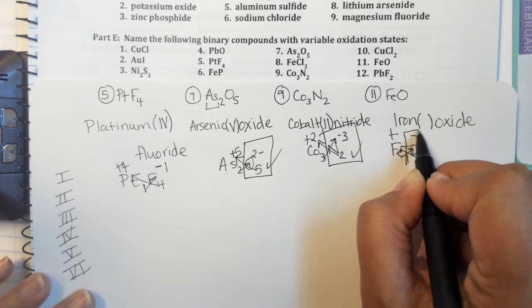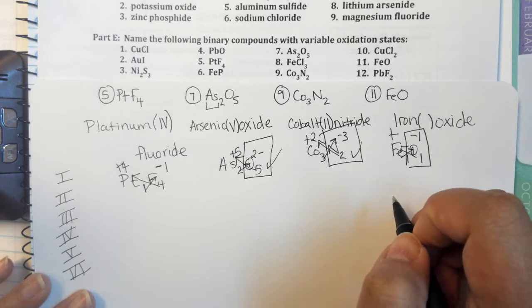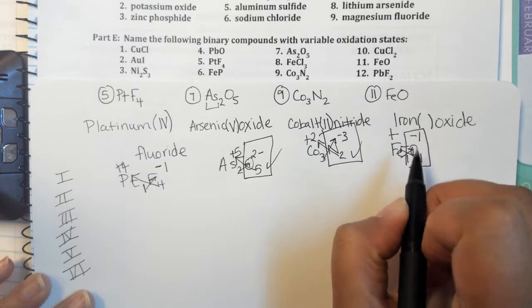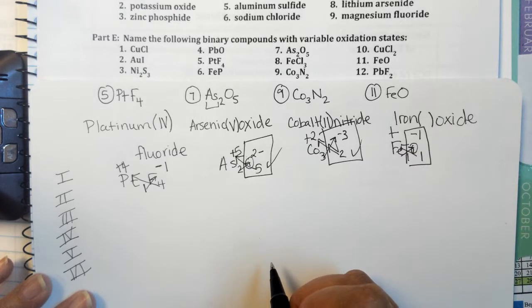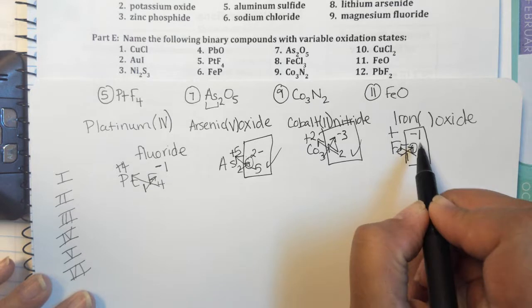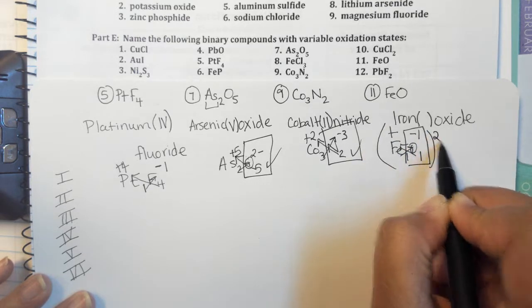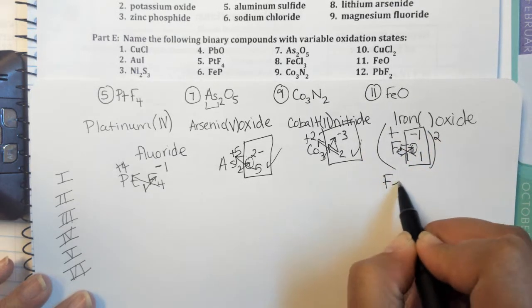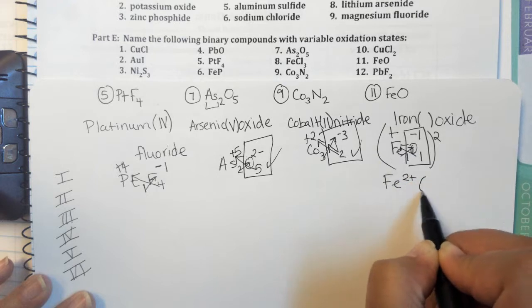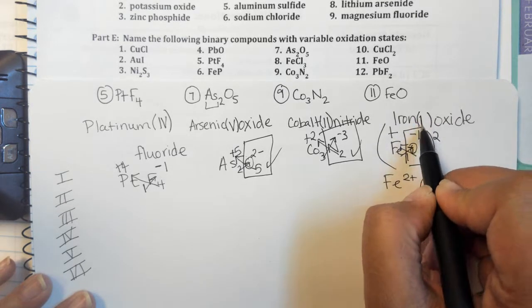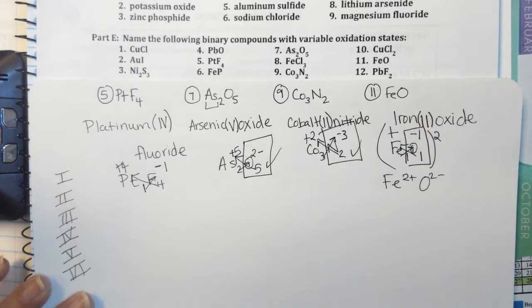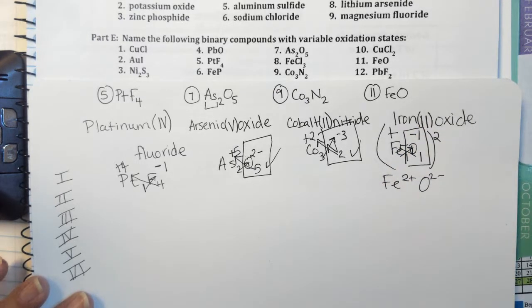I check my non-metal. Is my non-metal matched with its correct oxidation state? No. What is the oxidation state of oxygen? -2, so I have to multiply both oxidation states by 2, and when I do that I get Fe2+ and O2-, so that means I'm going to put a 2 right here for iron. Questions?